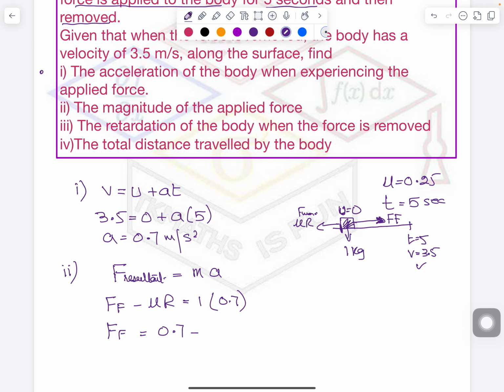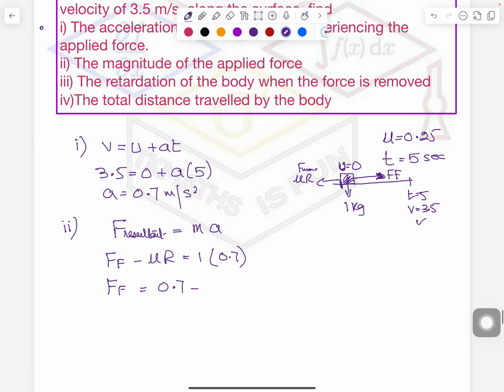Mu is 0.25, you can see it is given in the question. And R in this case is equal to what? If you see, it is equal to only this force, so R is equal to 1 times g, and g is 9.8. So the forward force will be 3.15 Newton.